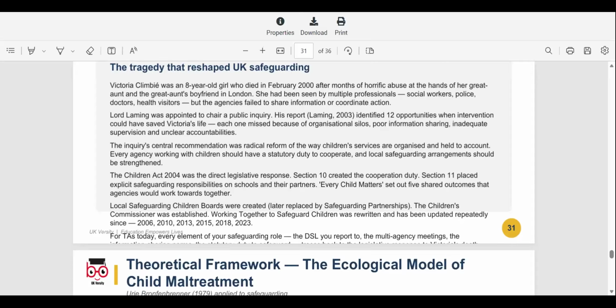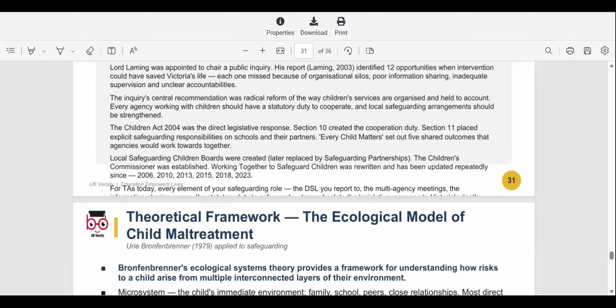There were missed chances because staff saw Victoria so many times but failed to listen or act, and workers focused on admin tasks instead of seeing the child. So it was quite upsetting, and they had a duty to work together and make sure everything was dealt with. But it was sad how it was dealt with, and she lost her life.